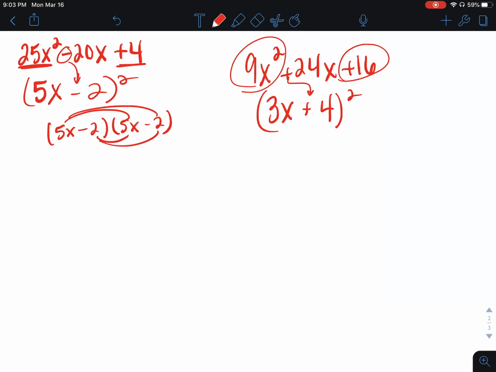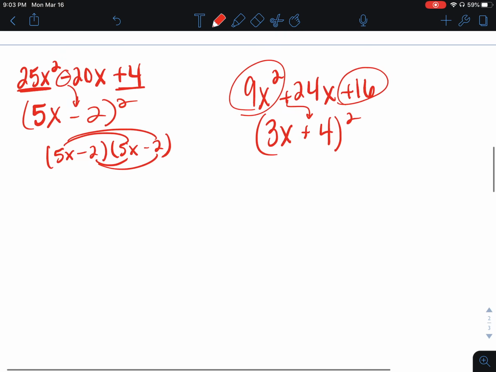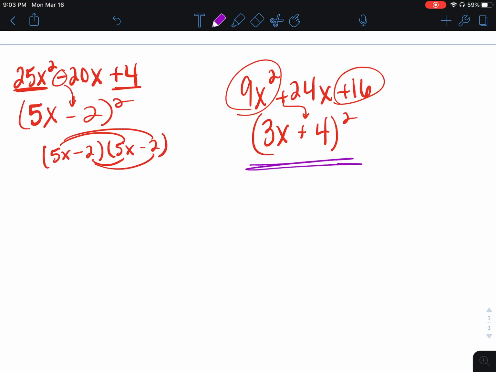Now, here's a super duper important thing, and I hope you're still listening to the video. When you put it into the computer, for example, if you had this problem right here that we just did, the way the computer wants you to put it in would look like this: 3x plus 4, and then you do shift 6, the little caret key, and then 2.